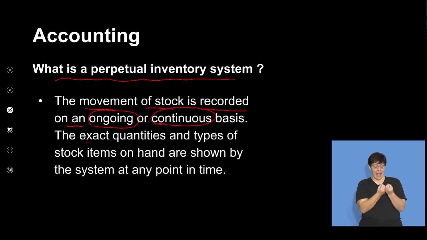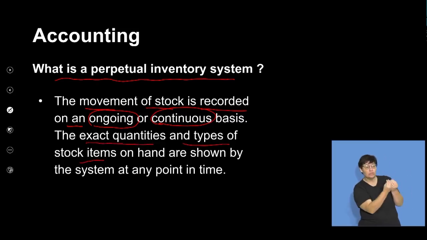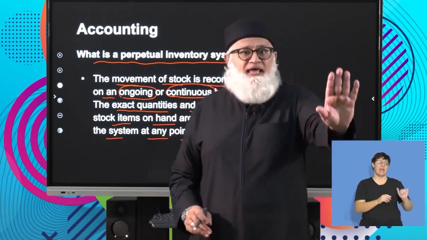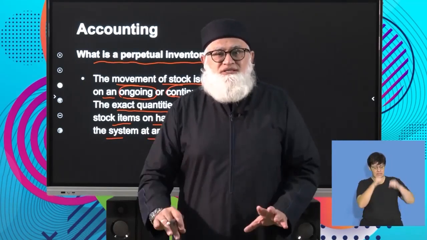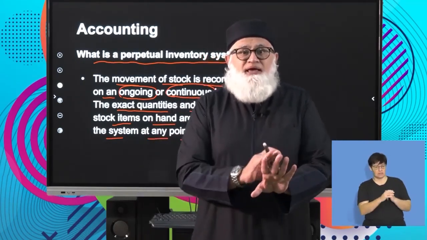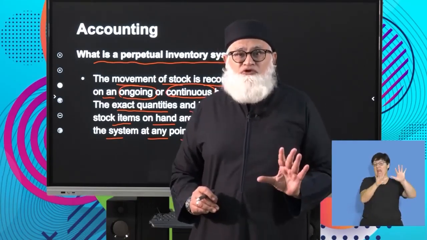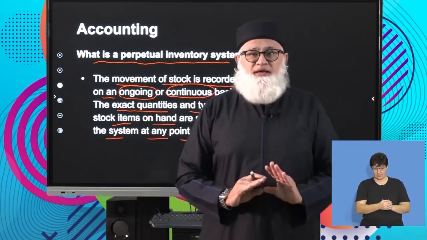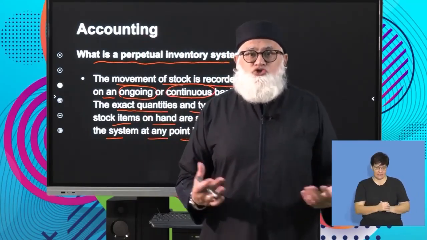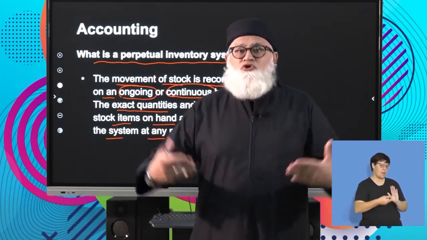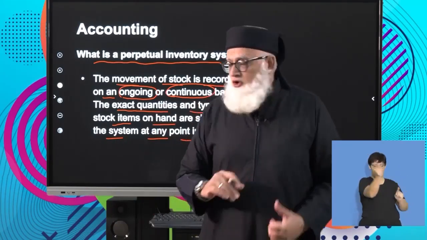The exact quantities and types of stock items on hand are shown by the system at any point in time. If you need to know how much you have of item A, you go into the system, you click on the stock item, and it will tell you this is the quantity of item A that we have on hand, and this is the value of item A in our business. So you're keeping an updated and continuous record of the movement of stock.